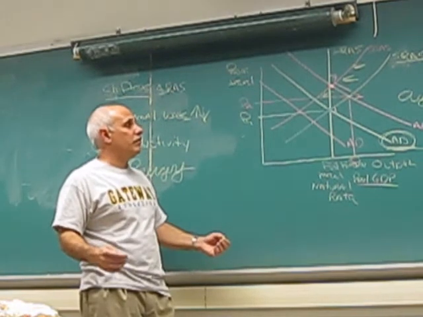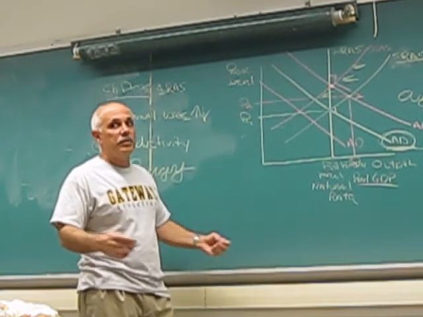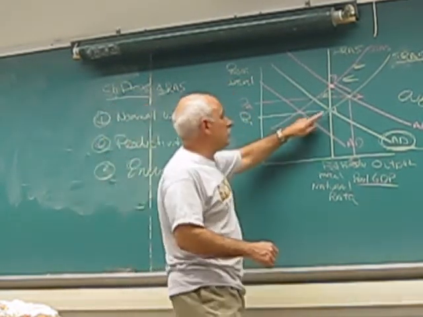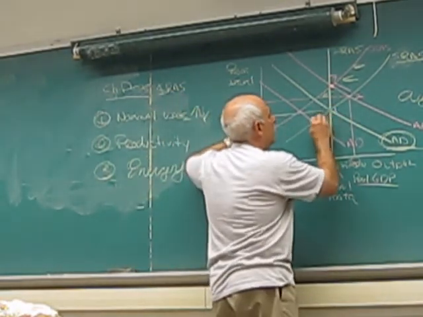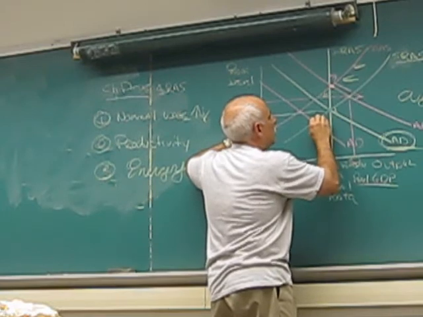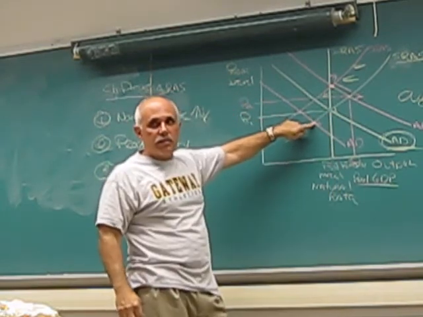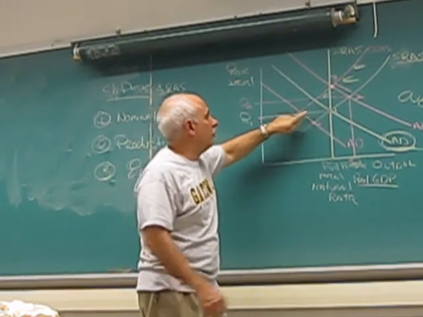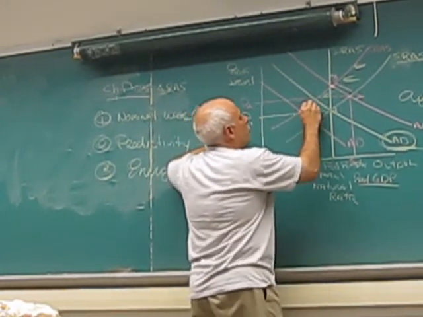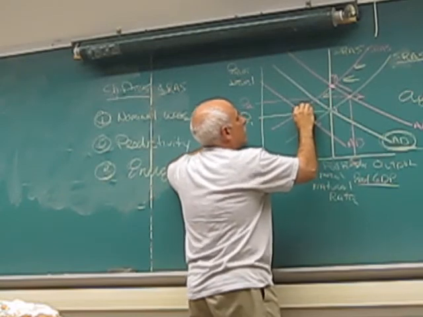As a result, what happens? Well, ordinarily we would go from 1 to 2, a lower price. But what we usually say is in the short run, we go from 1 to 1A here.